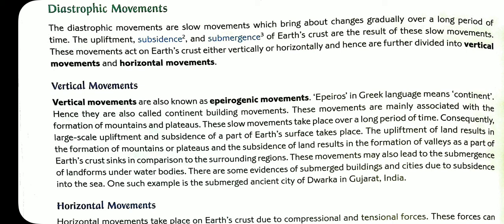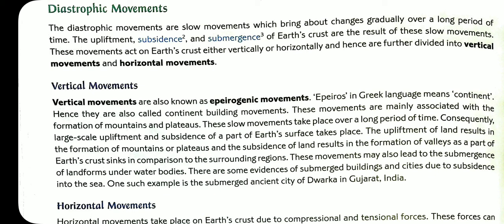These movements may also lead to the submergence of landforms under water bodies. That means some of the landforms are going down, under the sea or the ocean, and are submerged.